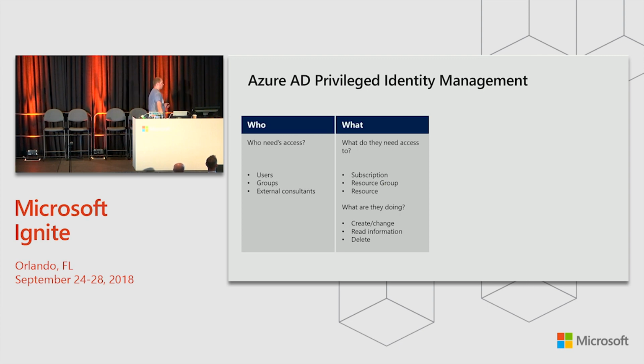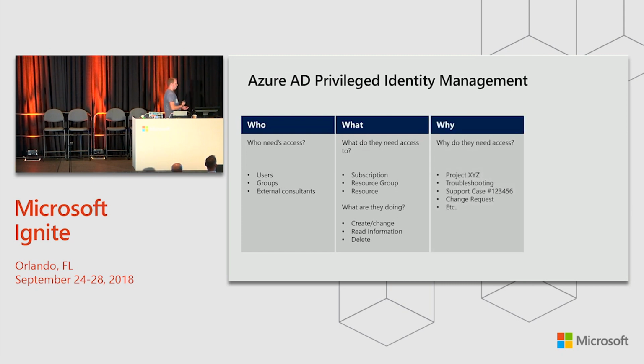And then we need to know what exactly they're building. Are they creating something? Are they changing something? Should they only be able to read the information, or should they be able to delete? The last one you should probably not give everyone access to, or at least require some approval of that. And that's where privileged identity management is very useful.